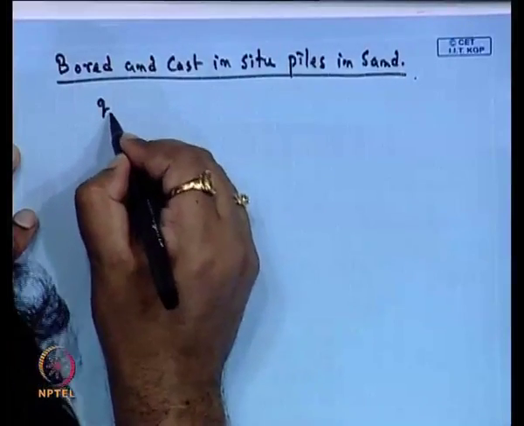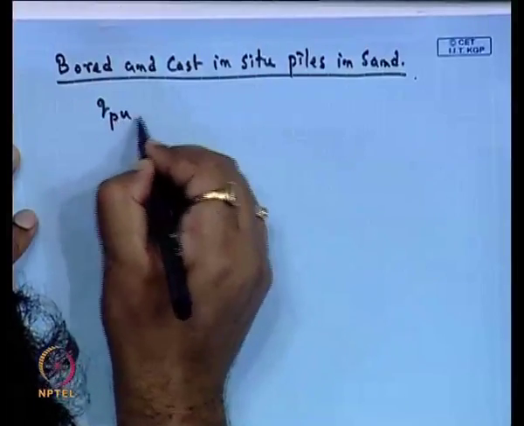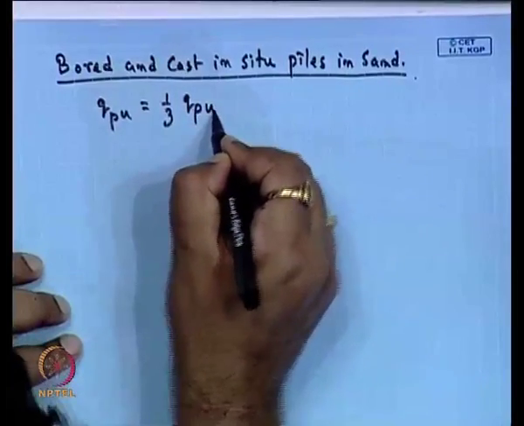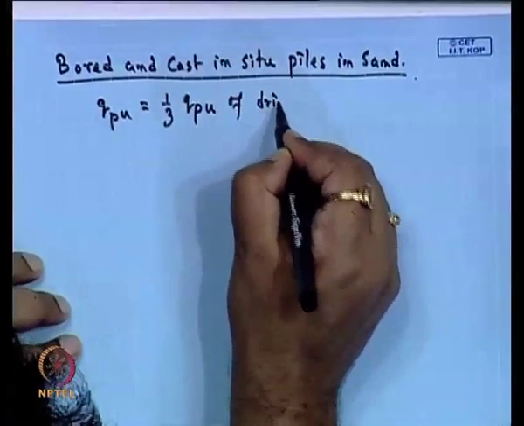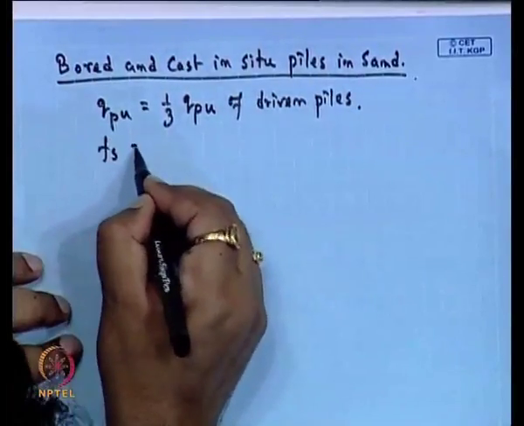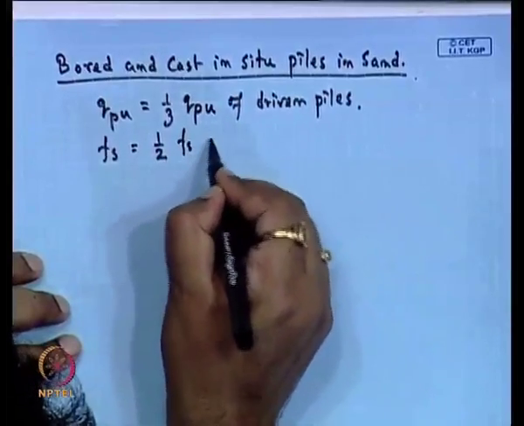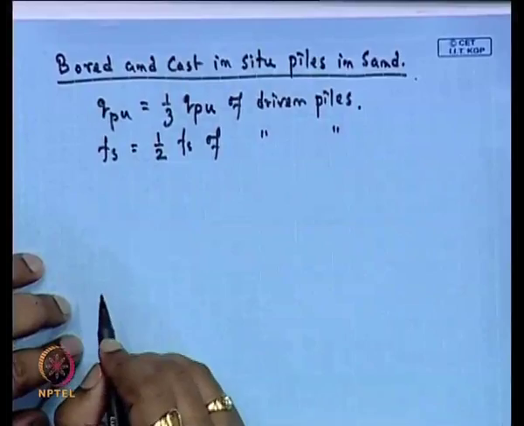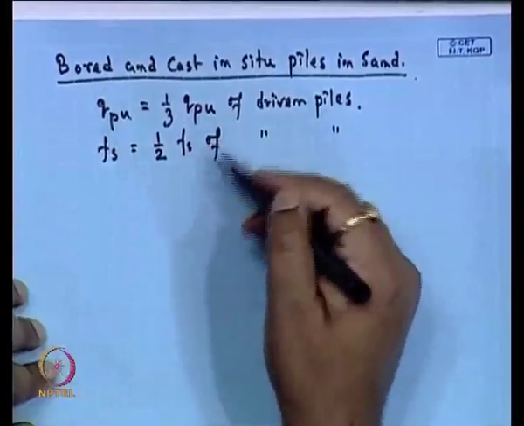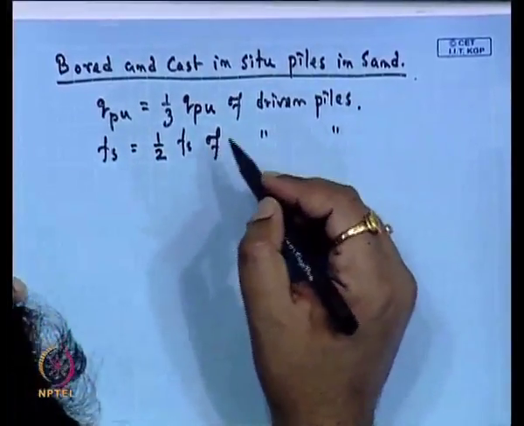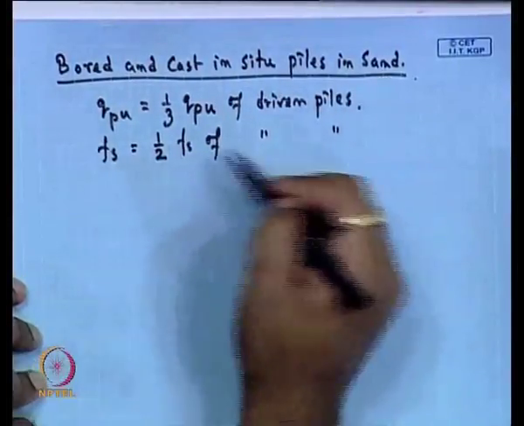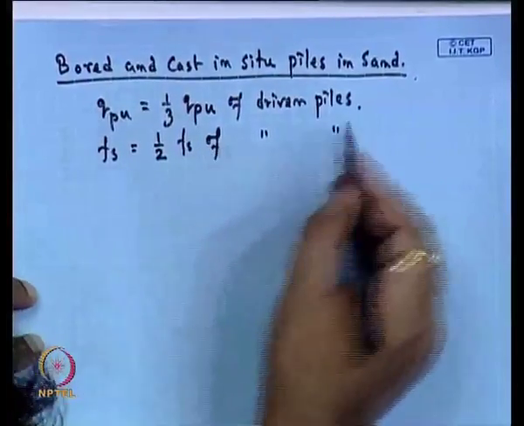Now, again we get q_pu, that is equal to 1/3 of the q_pu that we get for the driven pile, and f_s is equal to half of the f_s of the driven pile. So, first we calculate the q_pu and f_s for the driven pile, and then we take 1/3 for the bored and cast in situ piles in sand, and f_s is half of the f_s of the driven pile.